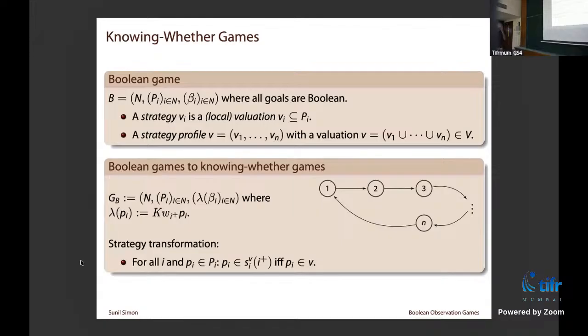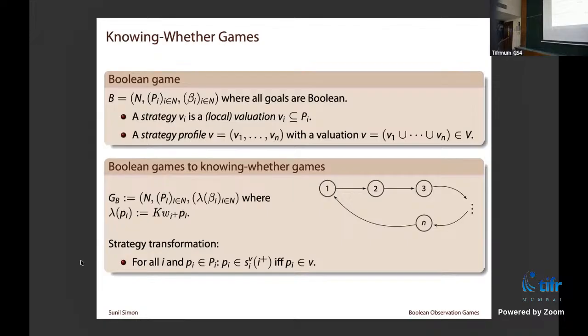The reason why this works is again to think of these valuations as some sort of interaction between two players. So you have a set of n players, and you think of it as the n players being ordered in some fashion, 1 to n. In a Boolean game, players are picking valuations for the propositions that they control.